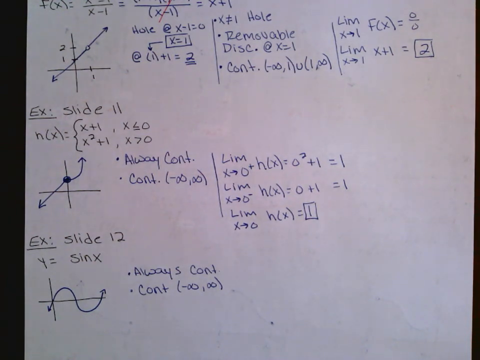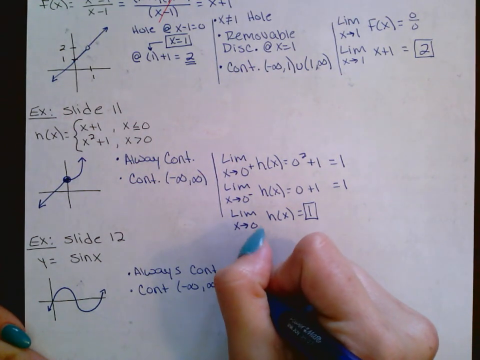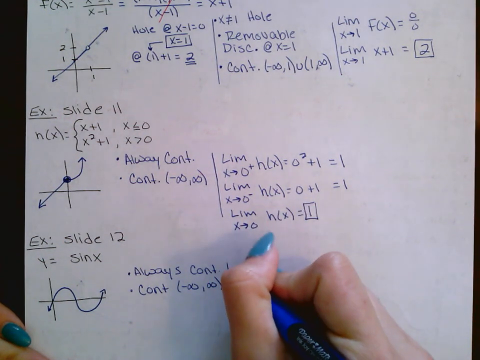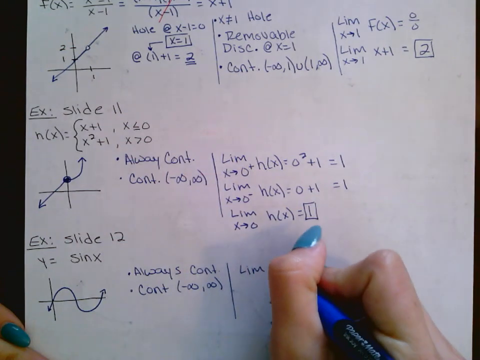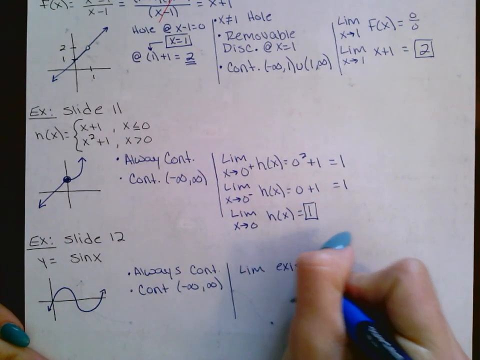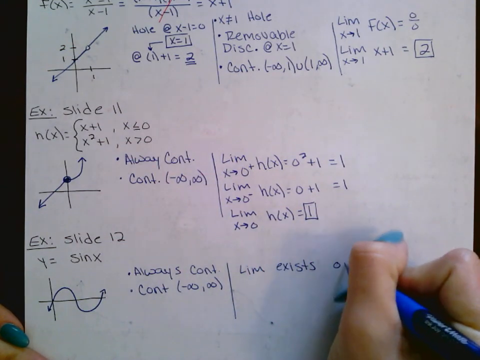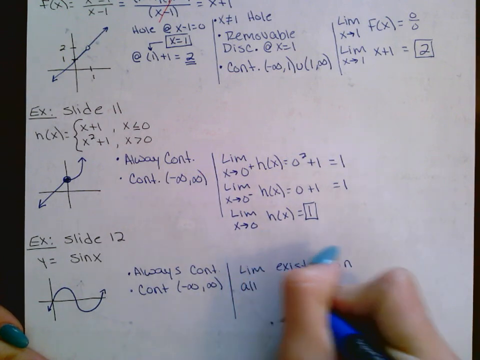If you don't remember what those graphs look like, feel free to look back at my videos of graphing trig functions. So unless it is sine or cosine, then we'll have our issue where we'll have to find our breaks. But for sine and cosine, we can say that the limit exists on all real numbers.